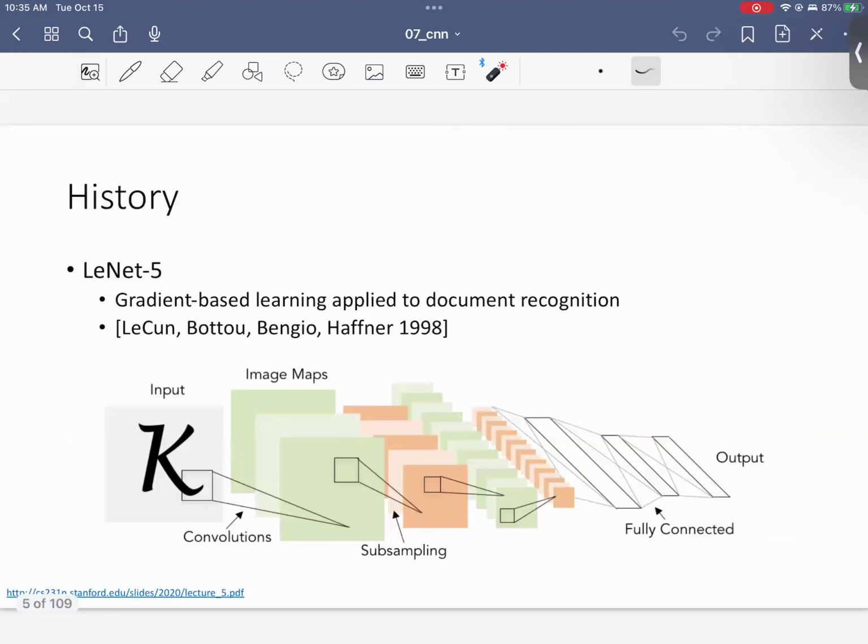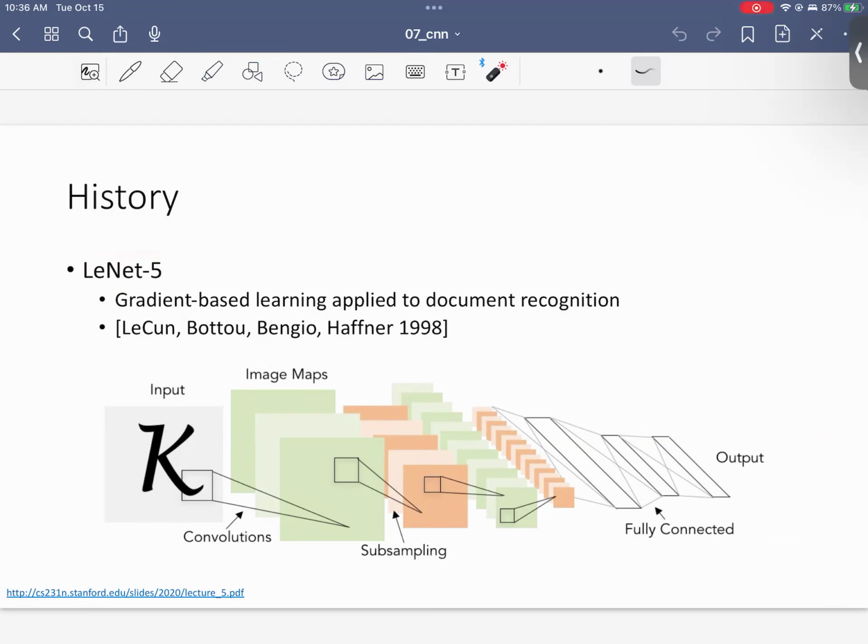And I think the very first CNN that came out in the world was of course Yann LeCun's LeNet-5. You can see all the famous names like Bengio and Leon Bottou and Yann LeCun. It's a very simple 5-layer network compared to ResNet-50 or ResNet-100, which have 50 layers or 100 layers.